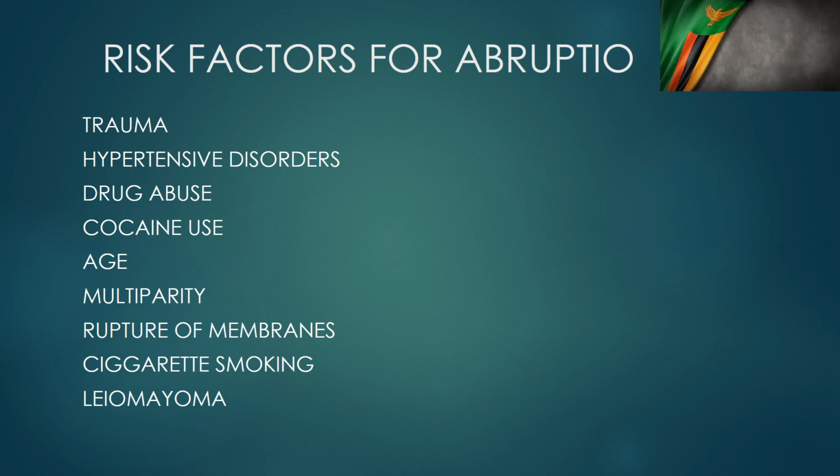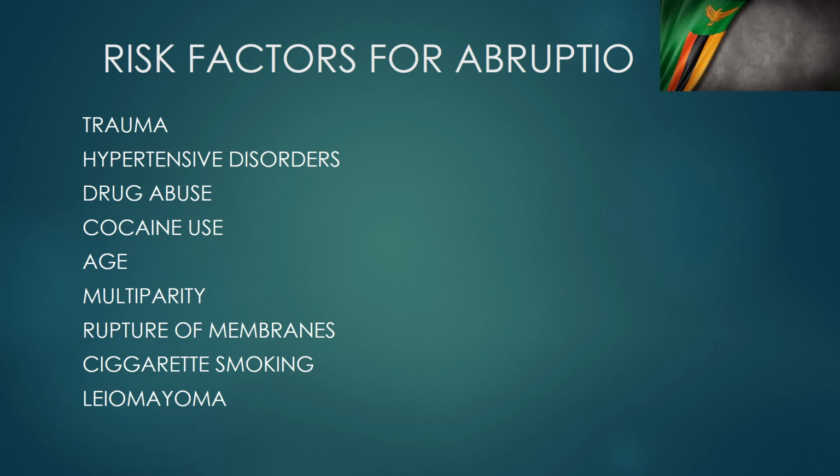The common thing in our setup is hypertensive disorders that include preeclampsia, eclampsia, and chronic hypertension. In preeclampsia, this might be because there's a failure of proper trophoblastic invasion, so the placenta easily detaches from the wall of the uterus.